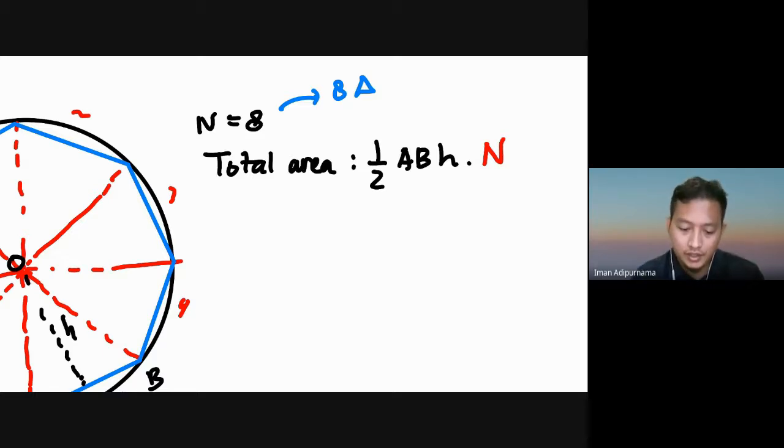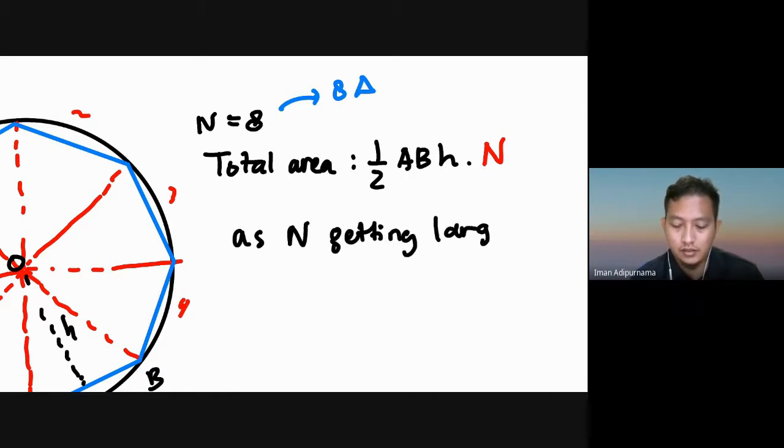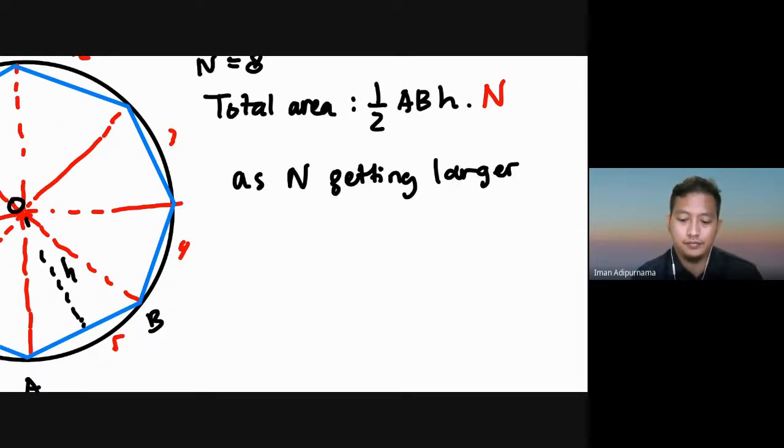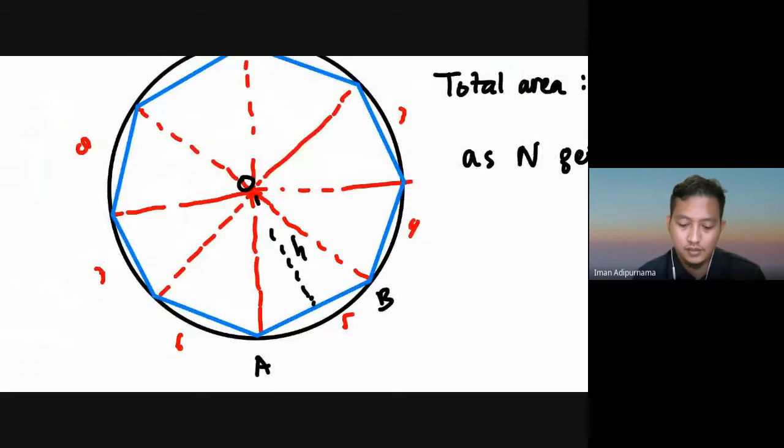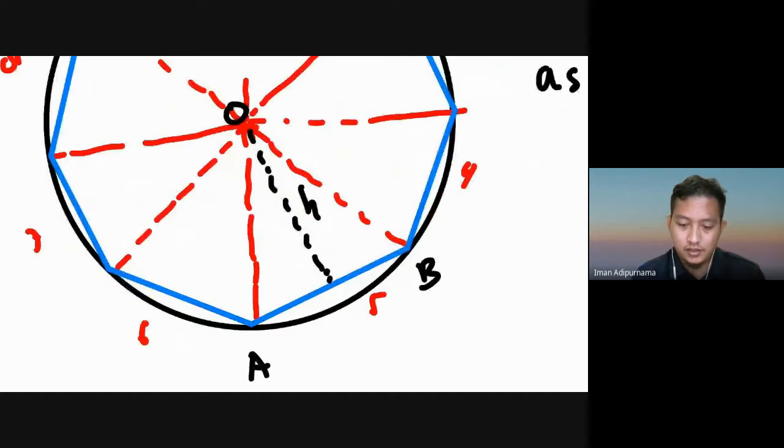As n gets larger, what will happen? Do you see here? This is the radius, right? Look at the radius and the height of the triangle.